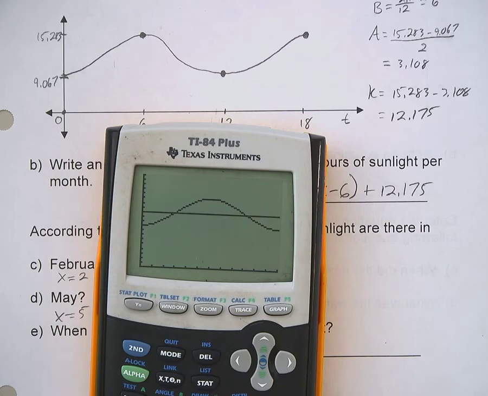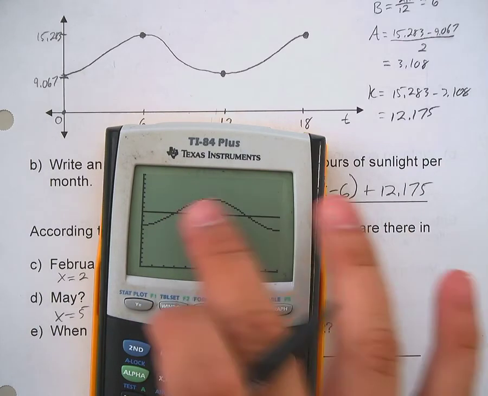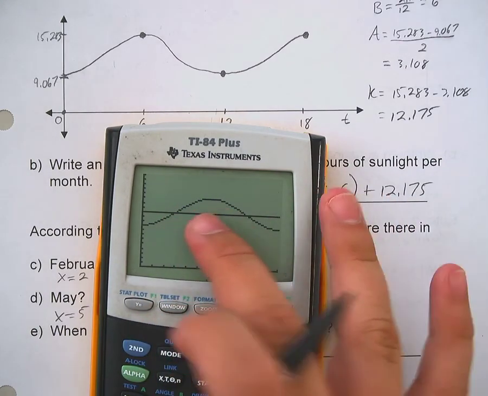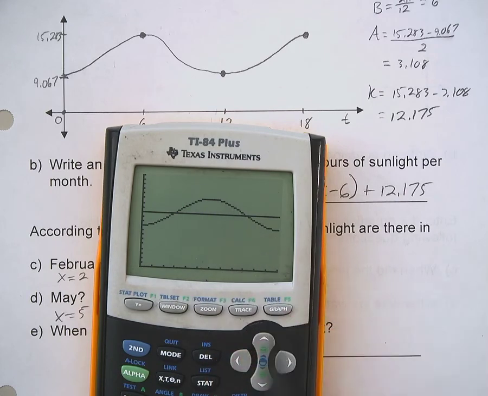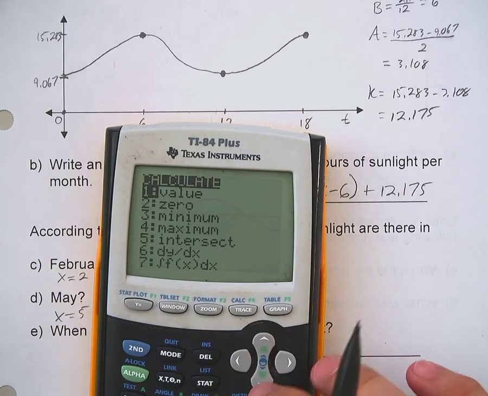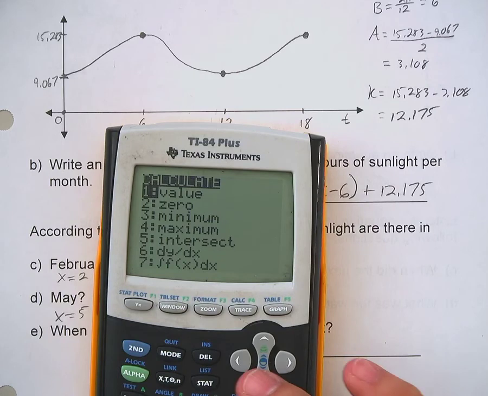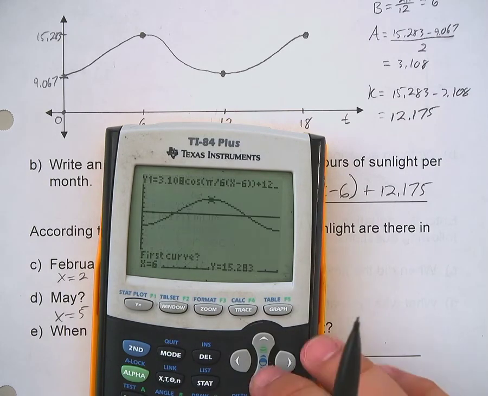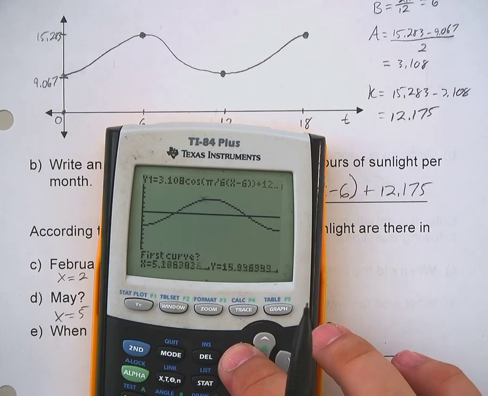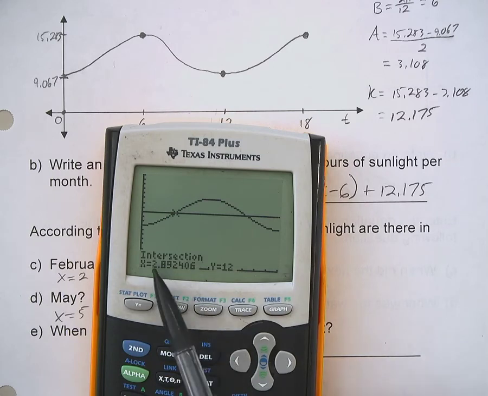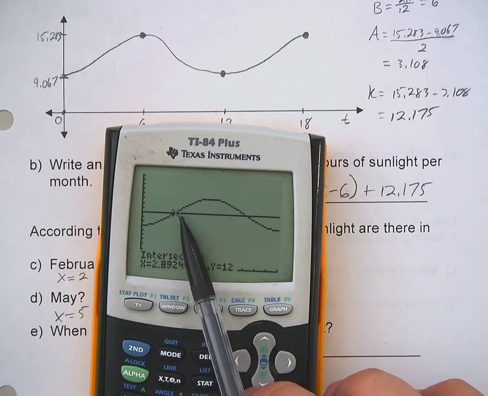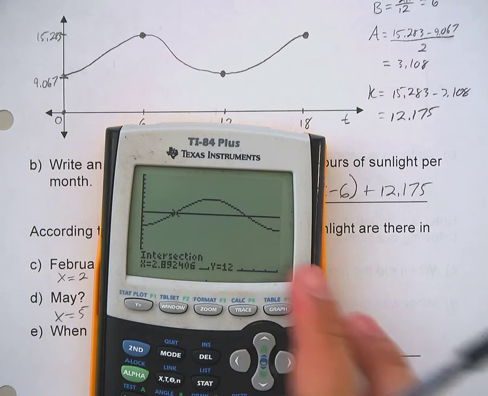So when are there more than 12 hours of sunlight? I need to find these 2 points, where they intersect. I want all of this area up here. So second calculate, number 5 is intersect. Scroll over here. Enter, enter, enter. It snaps to the closest intersection point, which is 2.892.